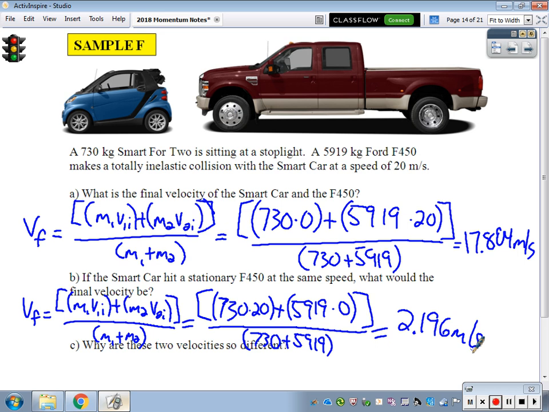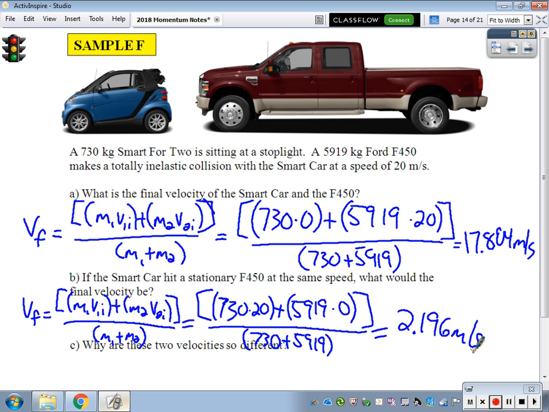Like a little pleasant thought. However, if you are in the Smart car going 20 meters per second, your velocity gets reduced to 2.2 meters per second as a result of that collision. I again would consider that to be relatively significant.